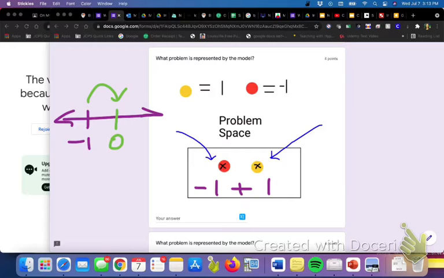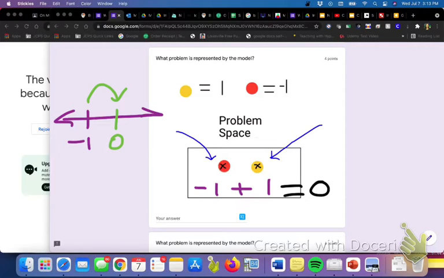So if you have a -1 and a +1, they basically cancel each other out to give you a 0. Imagine you owe somebody $1 and somebody gives you $1. What you should do is take that $1 and pay off the person you owe, right? Well, at least if you do the right thing, I think anyway. So a -1 plus a +1 is equal to 0.